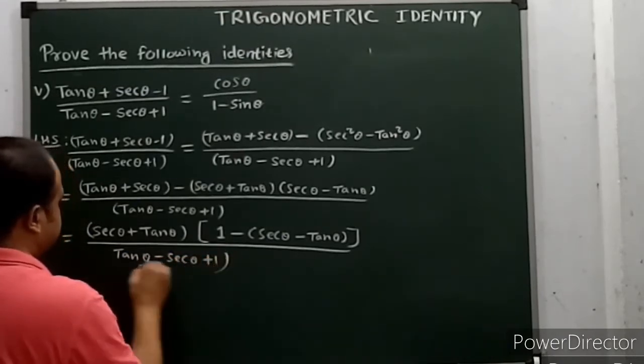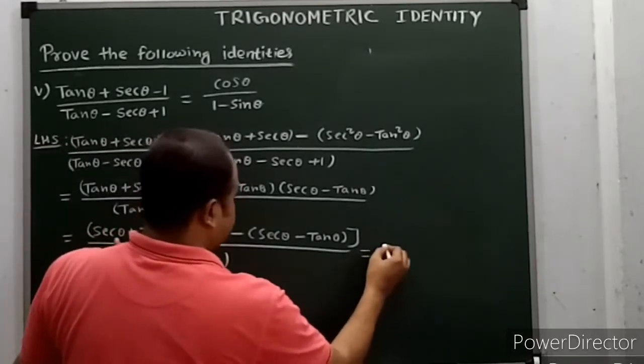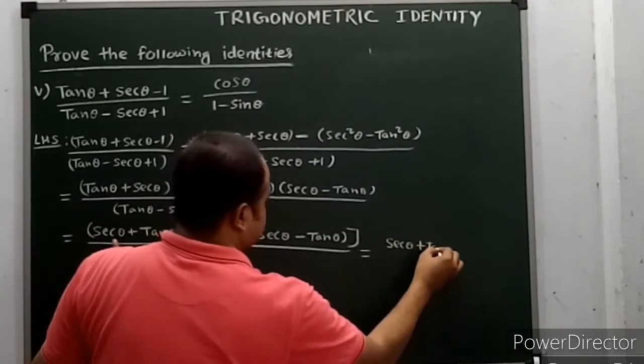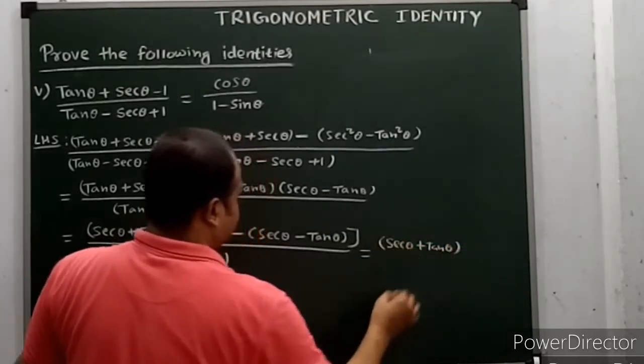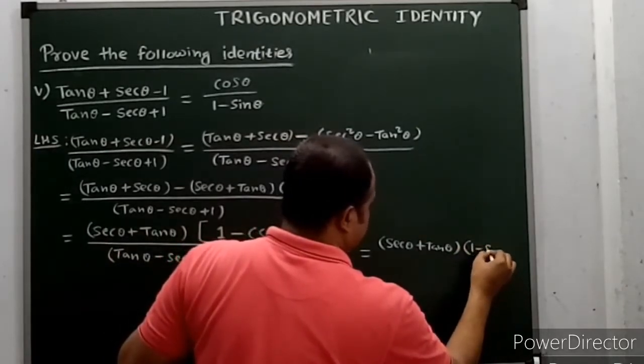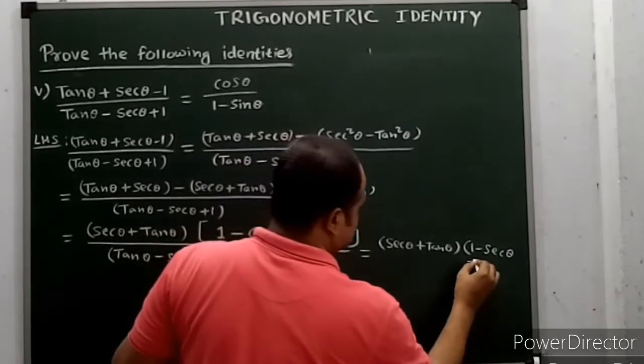Denominator will write as it is. Now see here what we are getting. We are getting here sec theta plus tan theta, and here 1 minus sec theta plus tan theta.